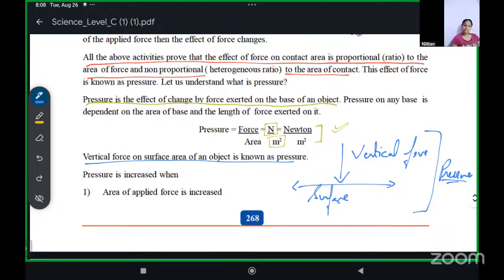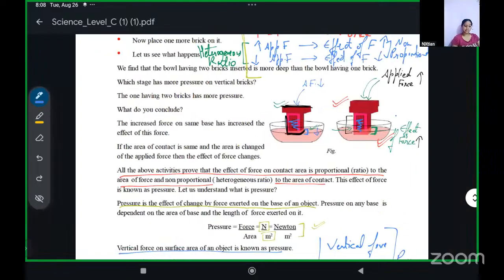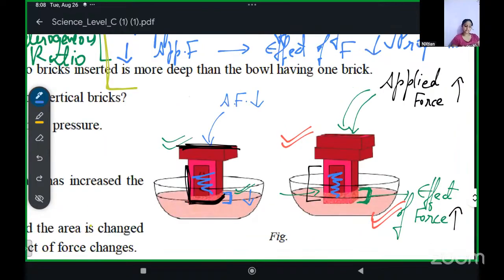Now, when is pressure increased? When the area of applied force is increased. Not the surface area, but the area of applied force. What is the area of applied force? This brick.